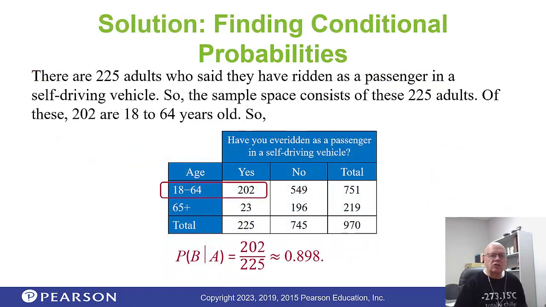All we have to do is do the arithmetic, and there's our probability. Remember, we had a condition on it that says we're only looking at the ones in this column, and we want to know what's the probability of getting someone who's 18 to 64 years old.